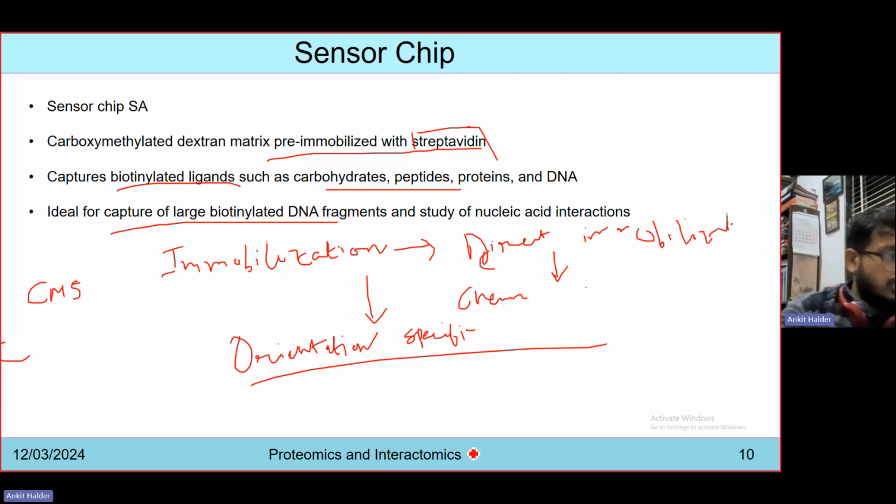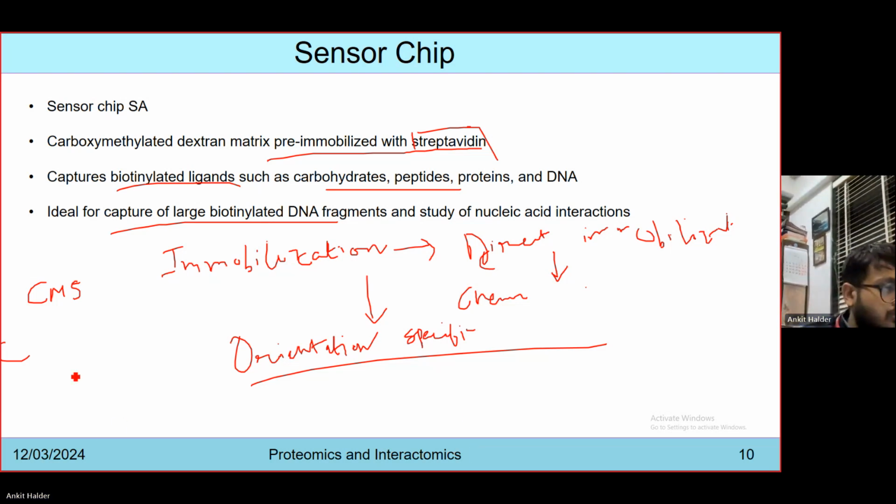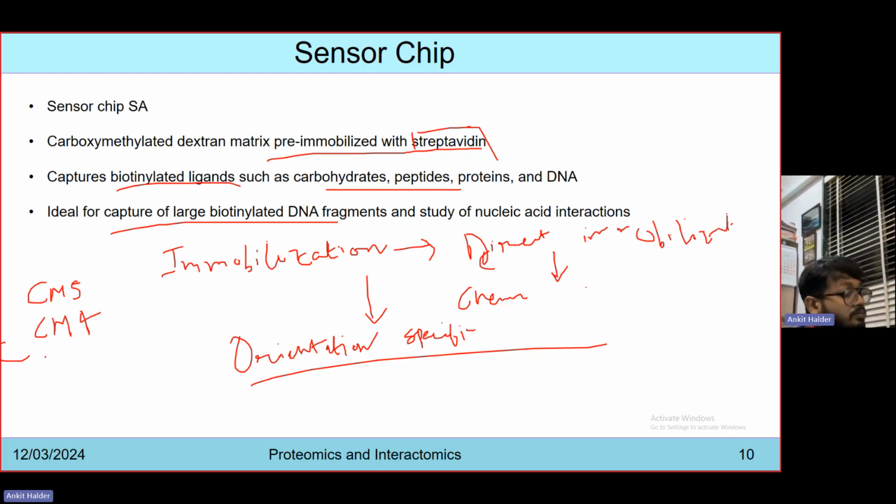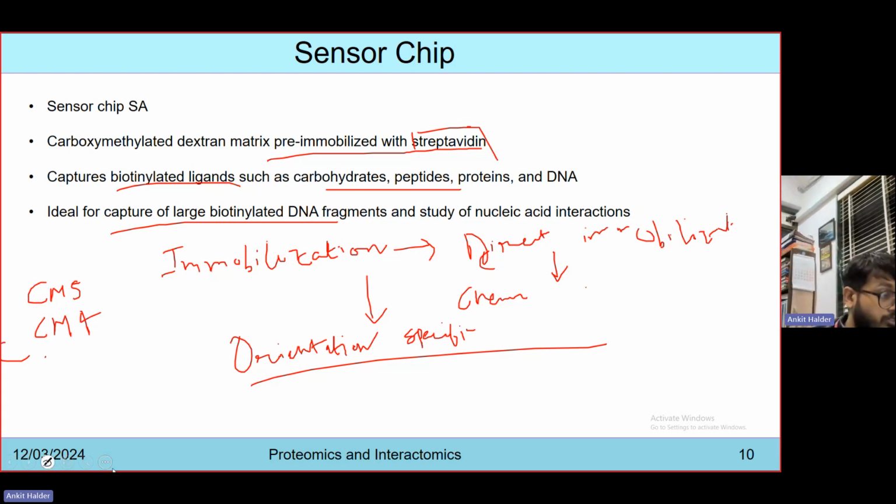Then we have CM4, which is less negatively charged and less carboxymethylated than CM5, and used for reducing the non-specific bindings.